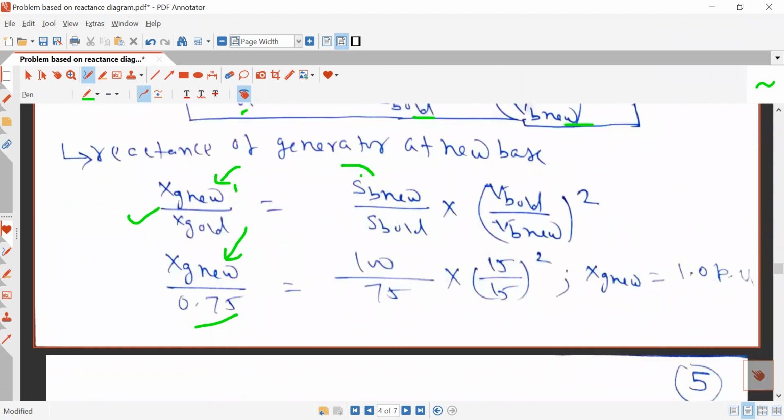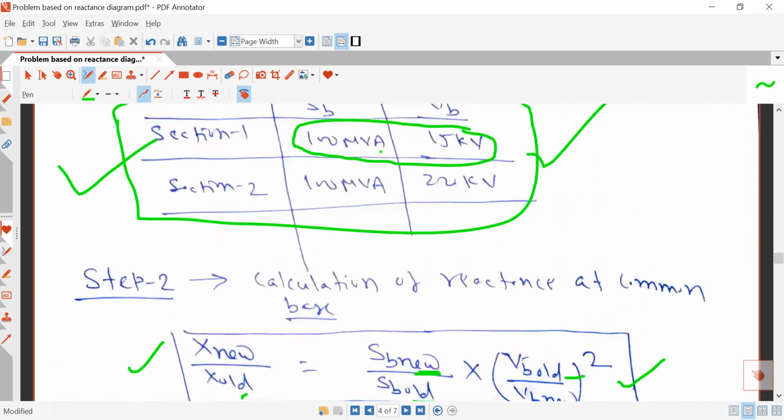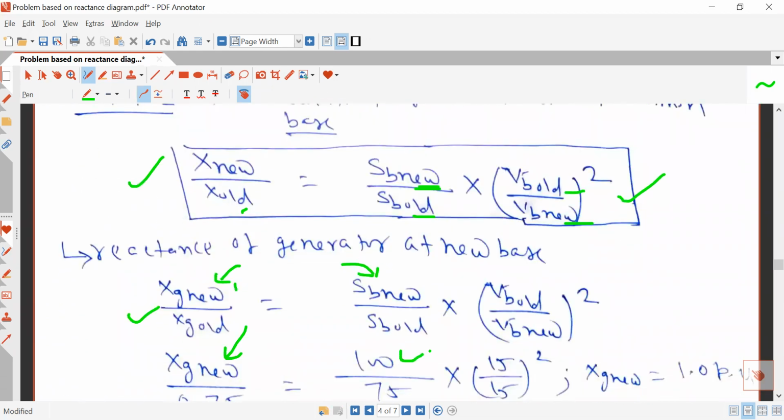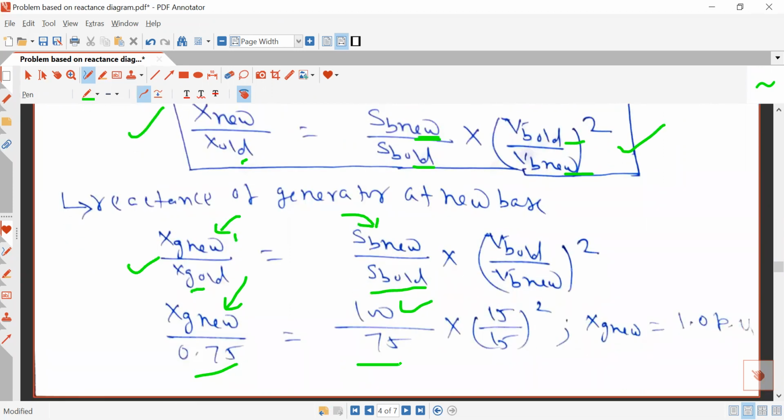Similarly, SB new is the common base, and the generator is a part of section 1. So the new base is 100 MVA. And SB old means the rating of the generator at which this reactance is given, which is 75. Similarly, VB old is the rating of the generator at which this reactance is given, which is 15 kV.